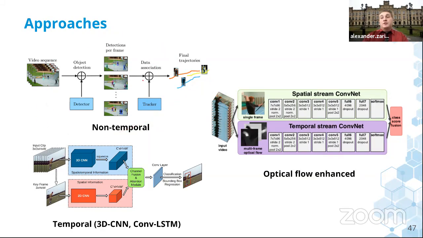The first group I call non-temporal, and these are the simplest approaches for processing objects on videos. They assume that there are no dependencies between the video frames, and we can simply process each frame with our one-frame detector one by one, and then use some data association algorithm to join all these detections from different frames and form final trajectories of our objects.